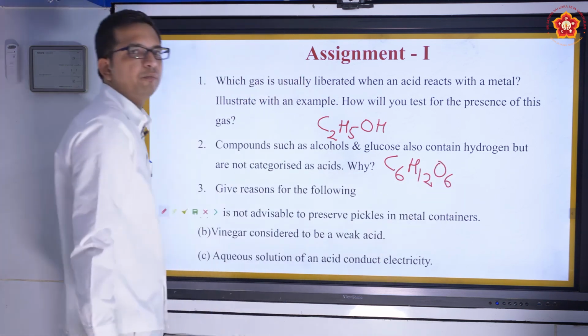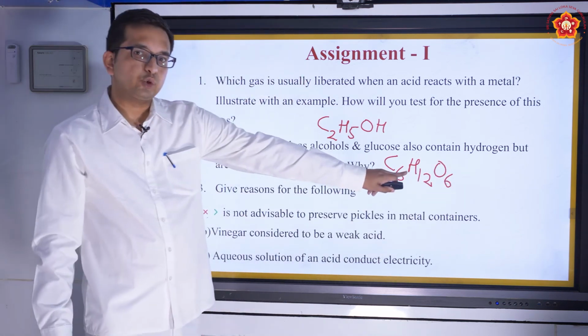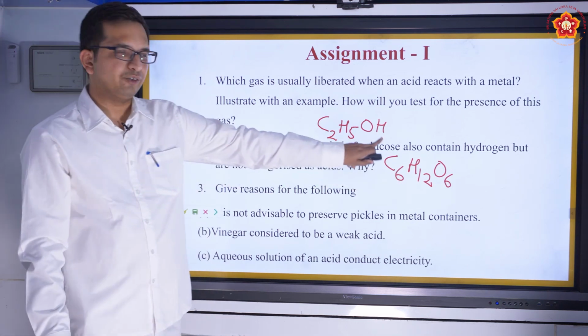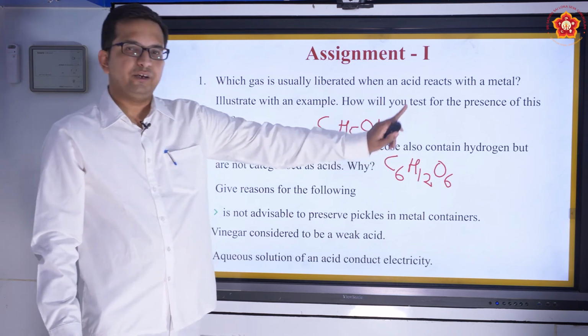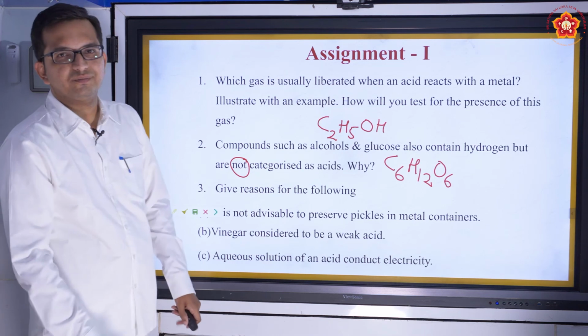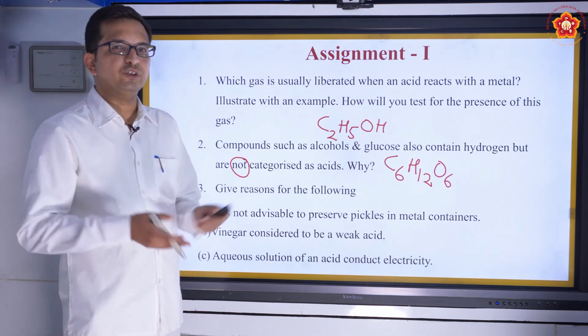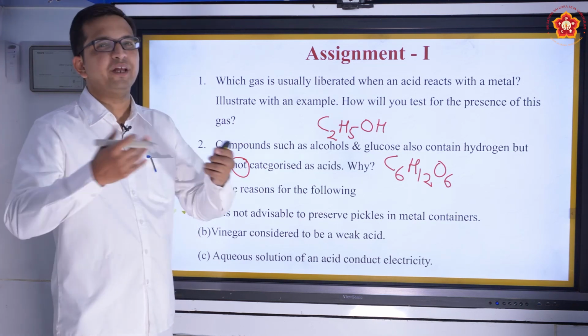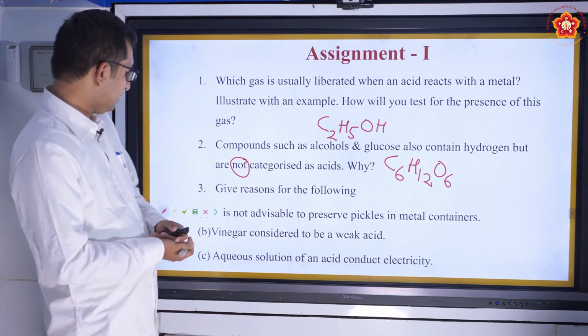Though it contains 12 hydrogen atoms, the question says that compounds such as alcohols and glucose contain hydrogen but are not categorized under acids. Please think over this. The answer shall be dealt with in the next segment, but it would be nice if you can bring out the answers by yourselves.